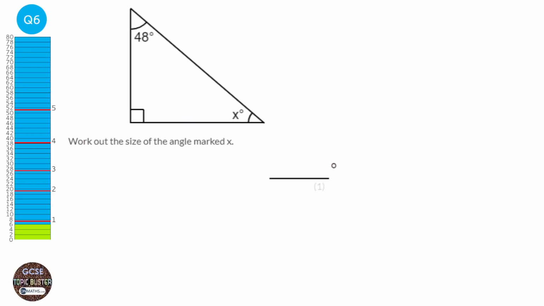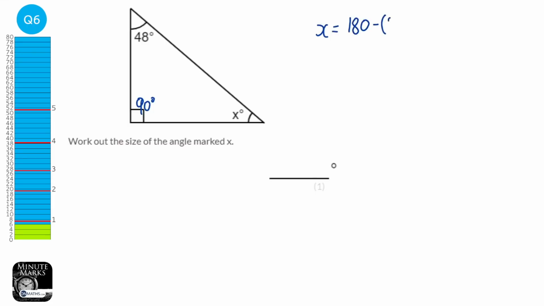Here we have a triangle, and we've got an angle of 48 degrees. We've got this right angle, which is 90 degrees, and we're looking for x. So we need to realise that the 3 angles will add up to 180 because it's a triangle. So to find x, we just subtract the 2 angles which we know.